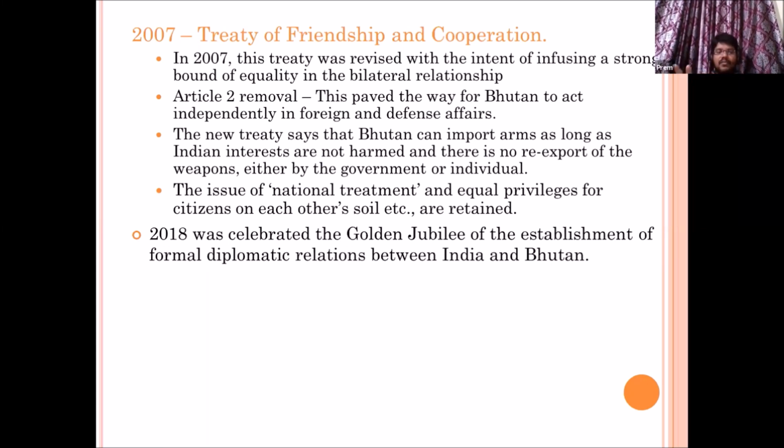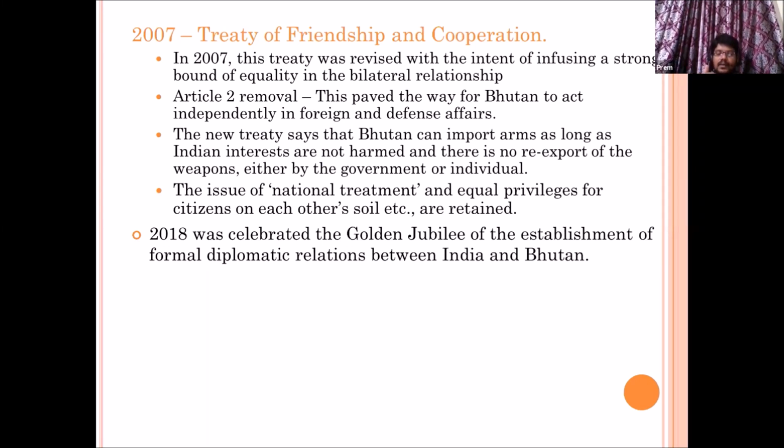Instead it said Bhutan is now completely independent in its foreign relations and defense aspects, but it has to consider the major core interests of the other nation while making any policy. So that is an additional condition added.